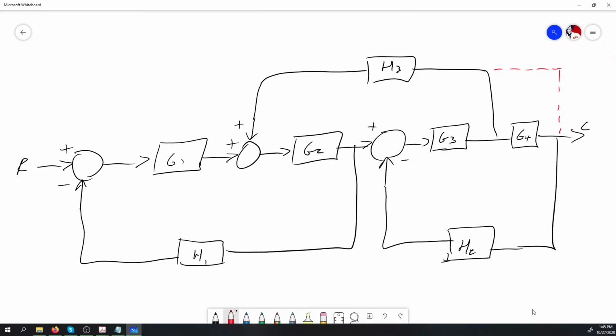So this will actually be our first step. And then our second step will be to move this summation junction here to the left of G1. And I'll be putting that summation junction here on the outside.